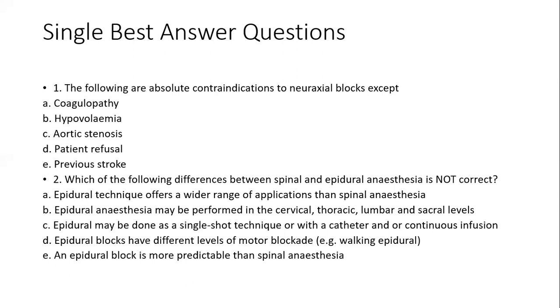I believe the answer to be C, aortic stenosis. I beg to differ. We say fixed cardiac output state is an absolute contraindication, isn't it? And fixed cardiac output state talks about aortic stenosis and mitral stenosis.